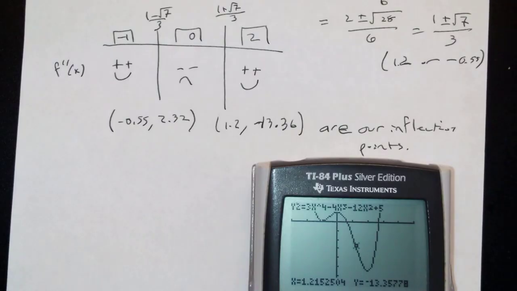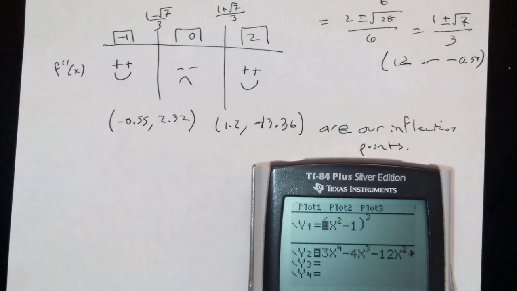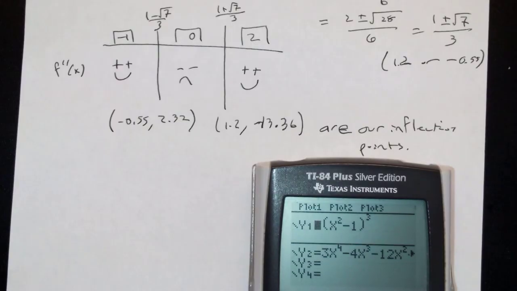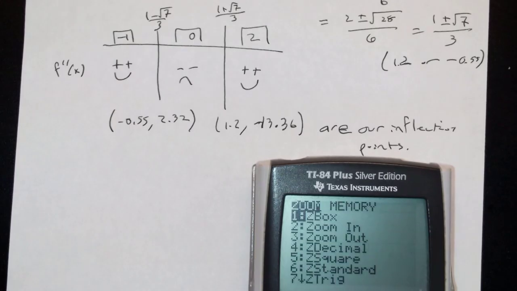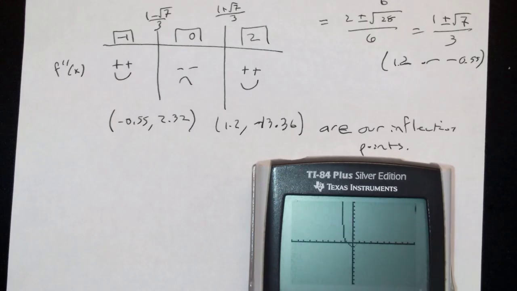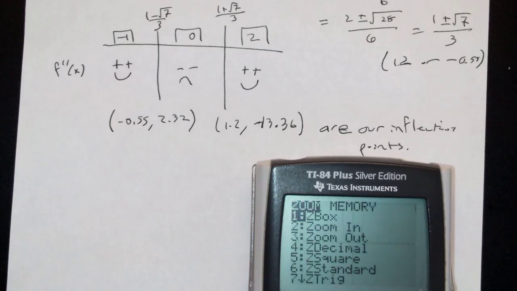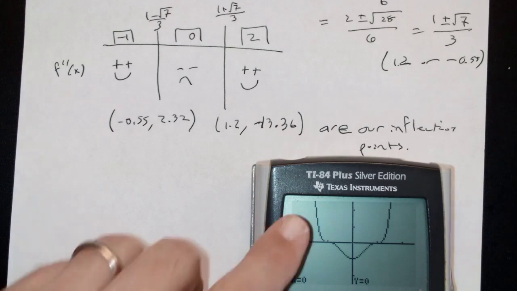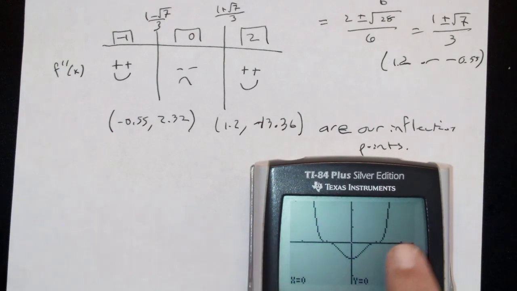I could do the same thing for our other picture, to find the changes in concavity, because it looks like we're concave up, concave up, concave up, but there's this little twist here, isn't there?